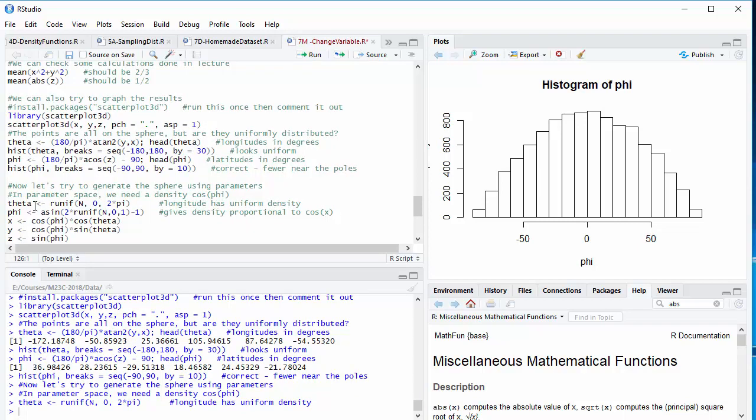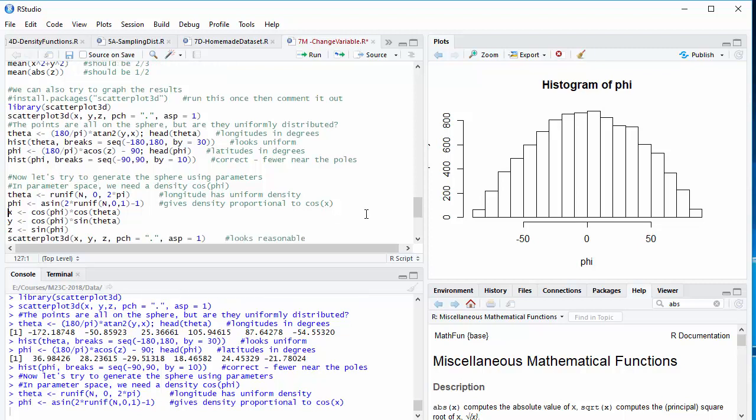After playing around, and I think I'm going to turn this into a problem, I found that if I generate uniform random numbers in 0 to 1, multiply by 2 and subtract 1, I get a random variable whose density function is proportional to the cosine of x. So this should generate longitude and latitude in accordance with the Jacobian.